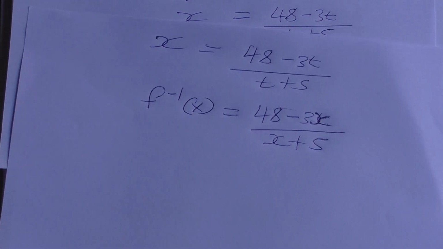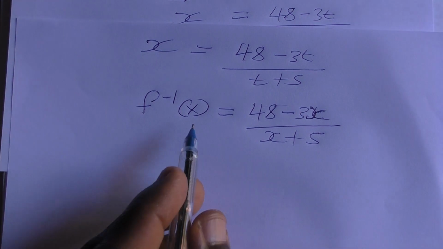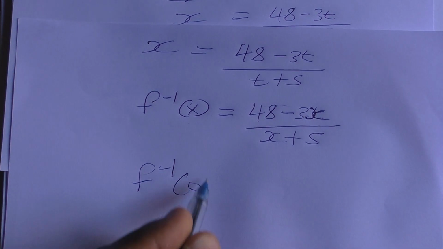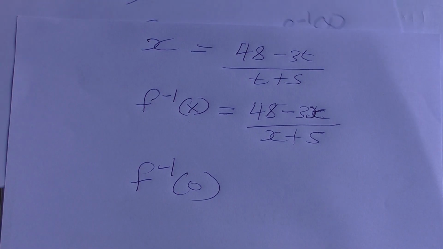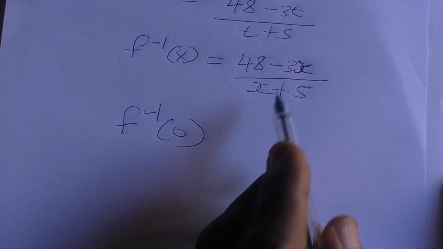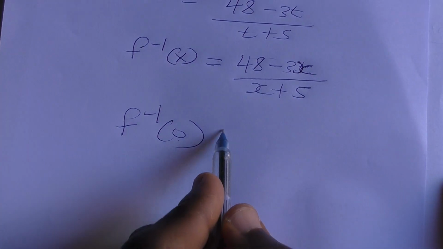So after getting the f inverse of x, we now get the f inverse of 0, which will be, where we have x is where we shall replace 0.